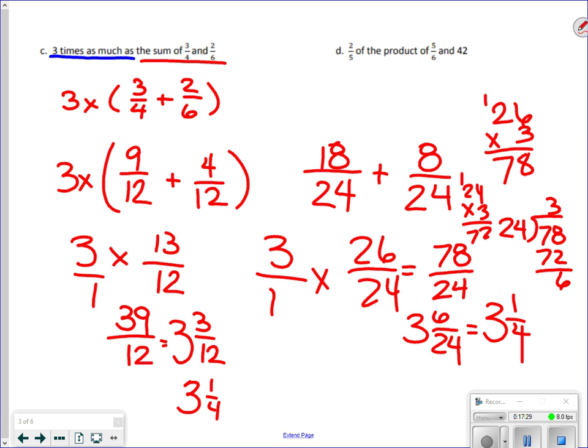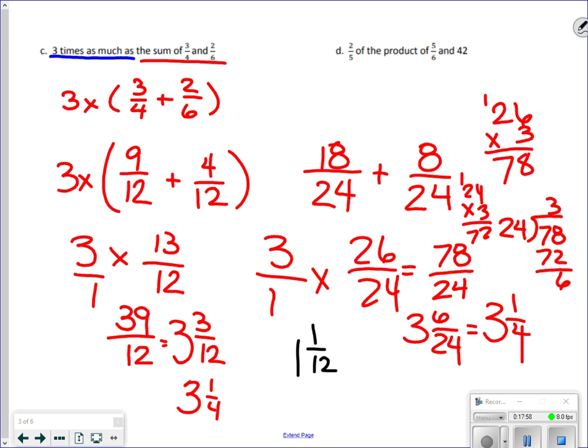You could take the 13 twelfths or the 26 24ths and go ahead and make it a mixed fraction, which I wouldn't have done, but it's okay. You can still get the same answer. So 13 twelfths would be 1 and 1/12, okay? You don't have to write all of this stuff down. It's just really which method you chose.